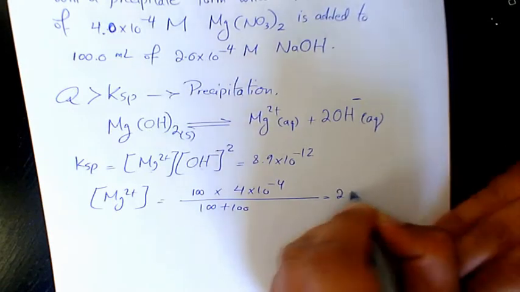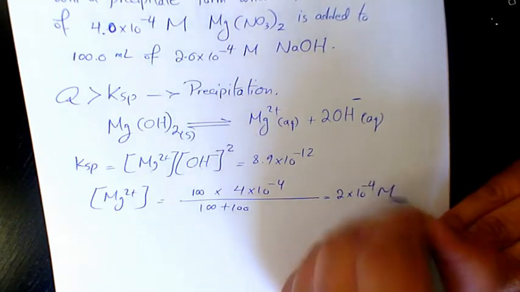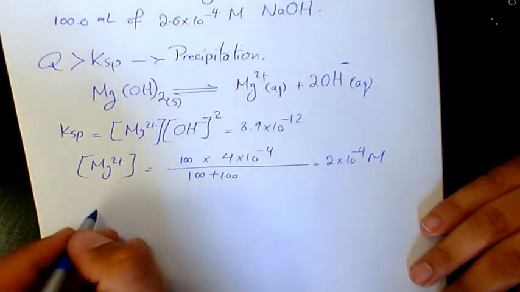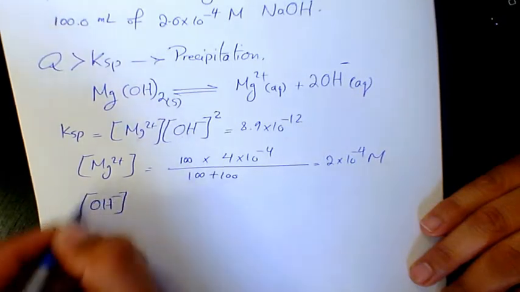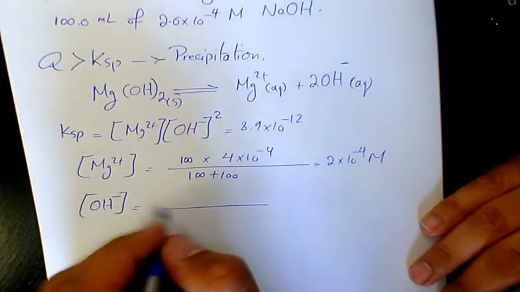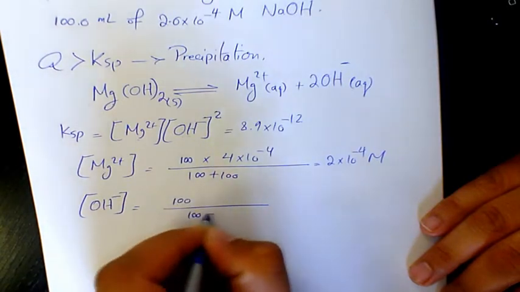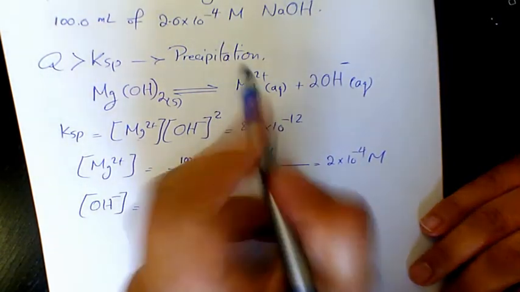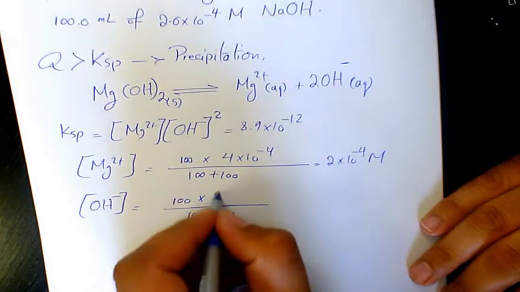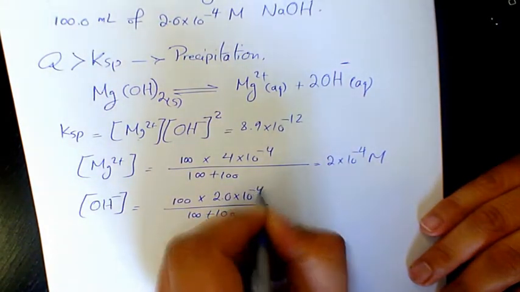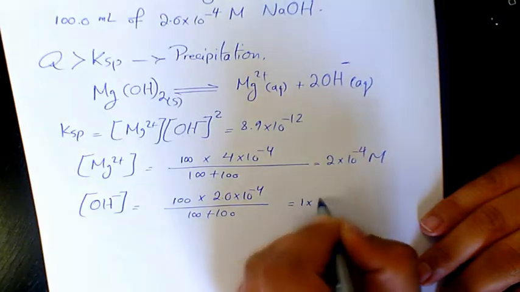That will be 2 times 10 to the power of negative 4 molar. Hydroxide will be 100 divided by 100 plus 100 times the concentration of NaOH, which is 2.0 times 10 to the power of negative 4. That will be 1 times 10 to the power of negative 4 molar.